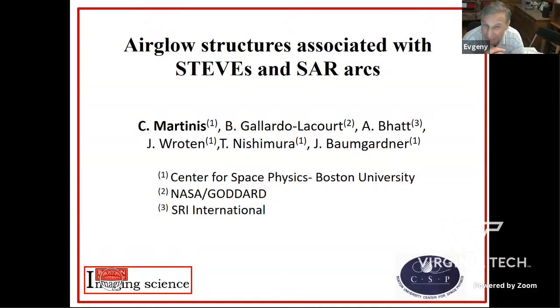It's not every time, but it has to do with, of course, the region 2 current, which can be, as we know, split into small scale structures. And these are electromagnetic structures. So it's no wonder that you see the currents and you see structures in the globe.